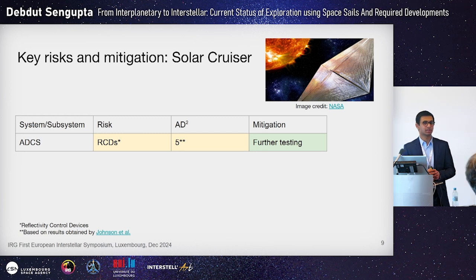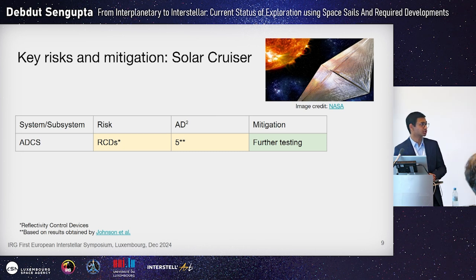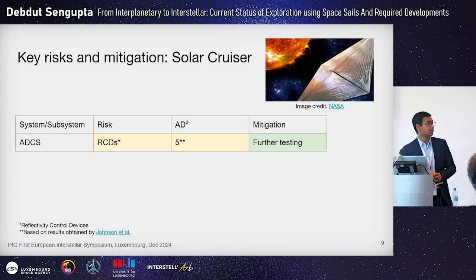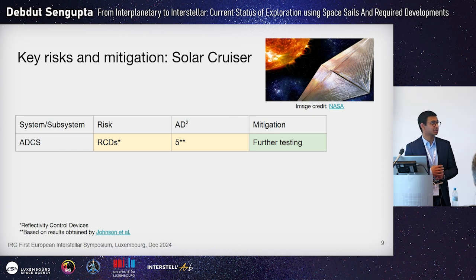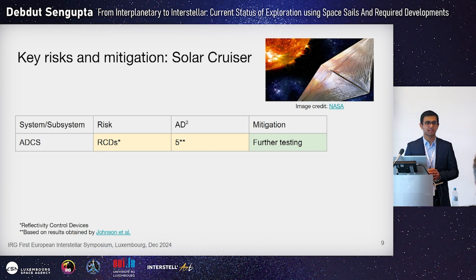And this is given the fact that RCDs haven't been used in deep space on NASA missions before, and therefore the AD² is relatively high. However, there were further plans for testing before funding was frozen, and this would have decreased the AD² of RCDs.